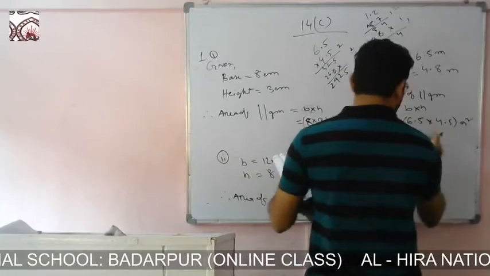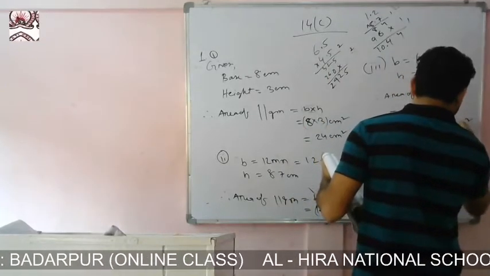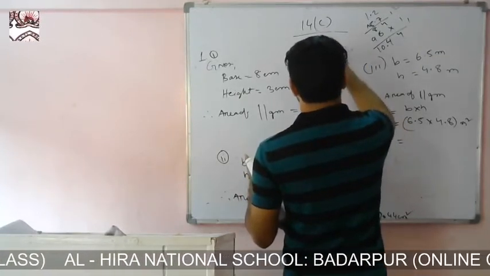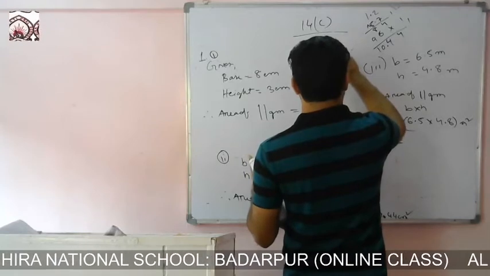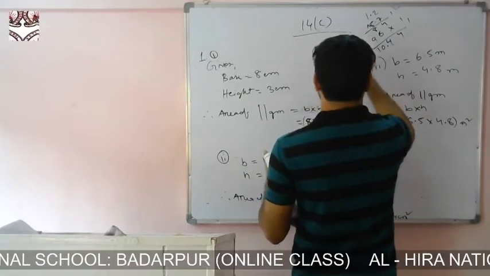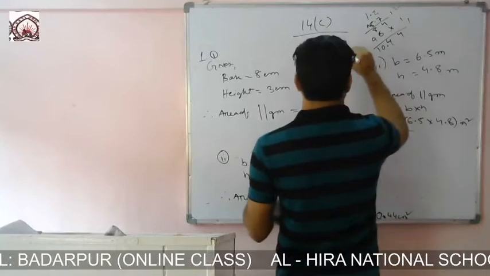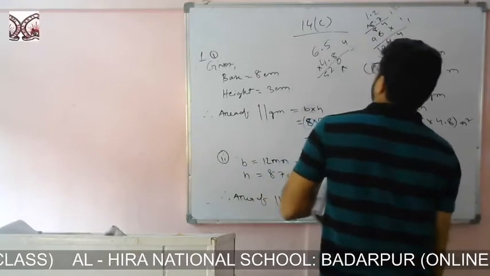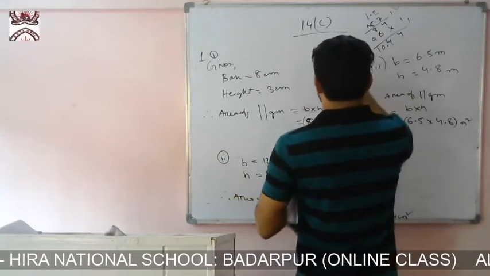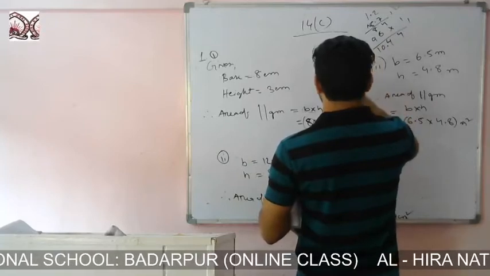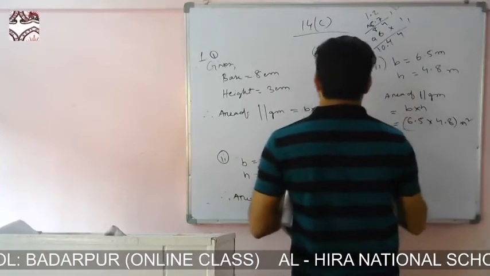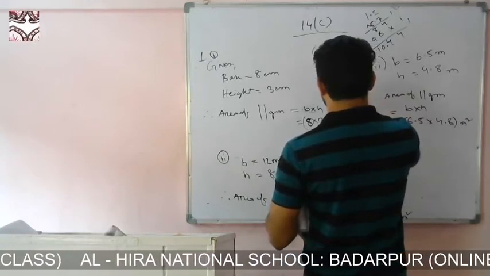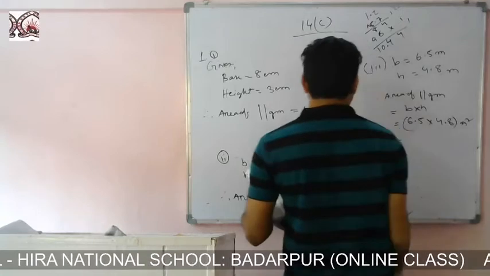6.5 into 4.8. Okay. 6.5 into 4.8. Multiplying, we get 3120.